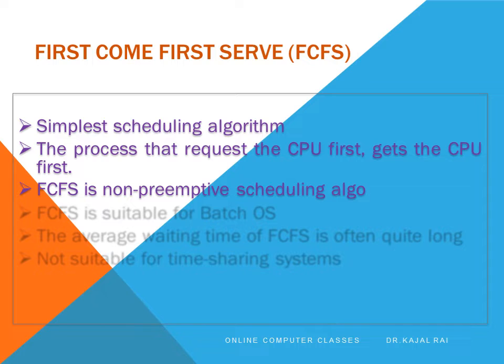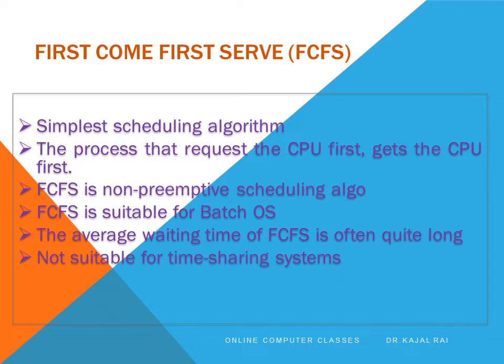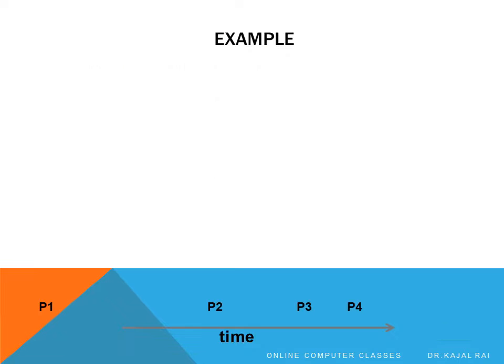It keeps on running until that process releases it by terminating. Next, FCFS is suitable for batch operating systems. The average waiting time of FCFS is often quite long, and it is not suitable for time sharing systems. Basically it is only suitable for batch operating systems.